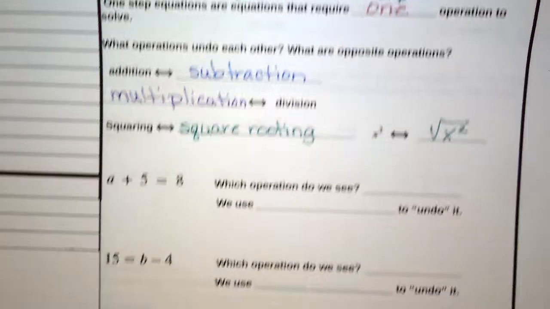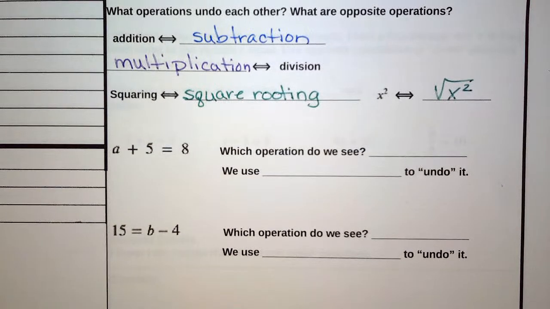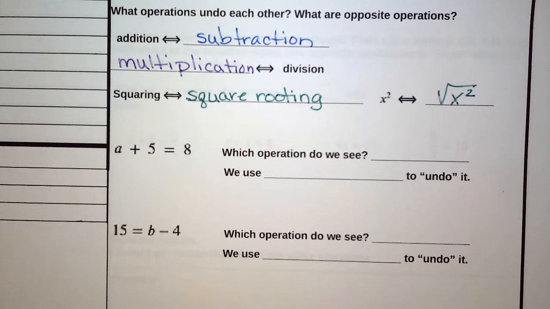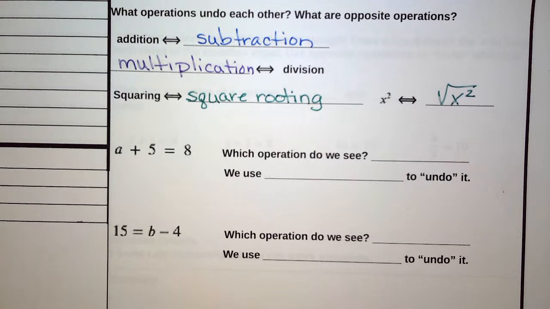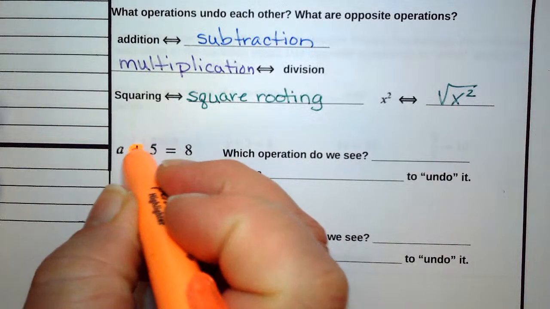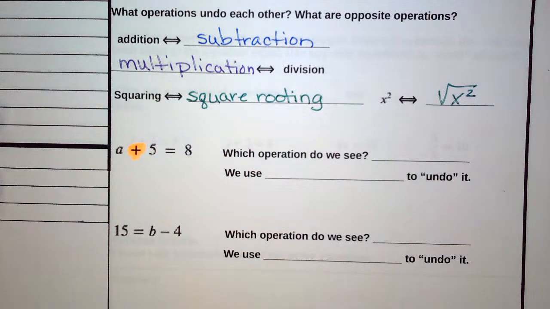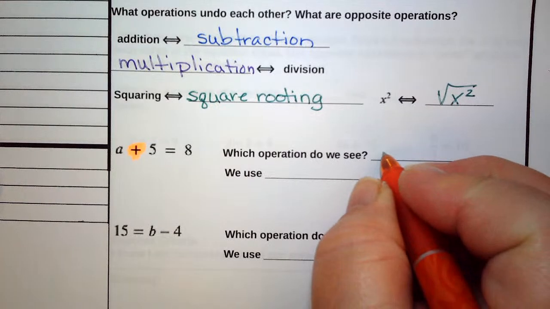Okay, now we're going to go through this and we'll do it one step at a time. First, we're going to identify the operation that we've used. Then we're going to identify the operation we need to undo it. So as I'm looking at the first one, what operation do you see? You see addition.